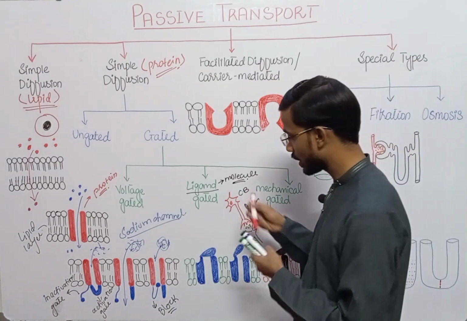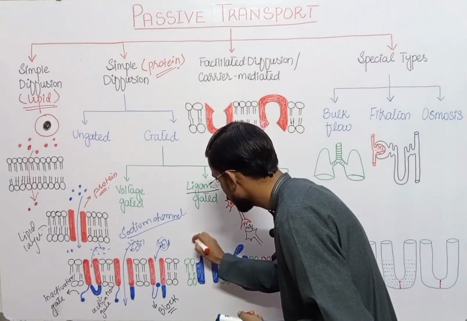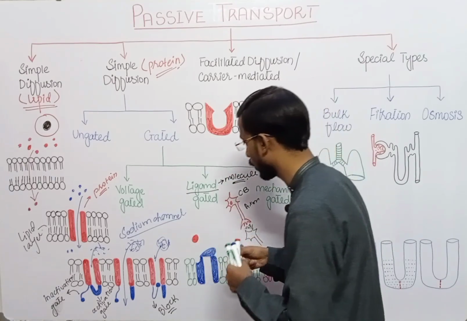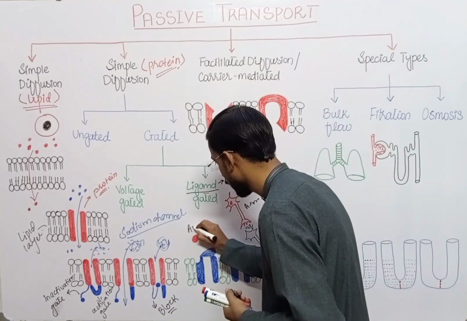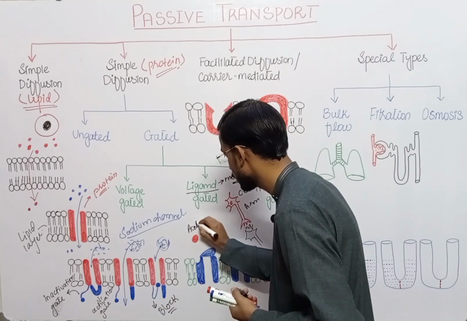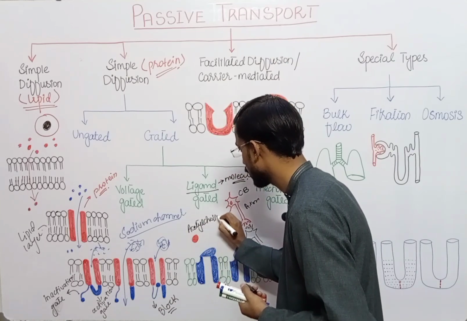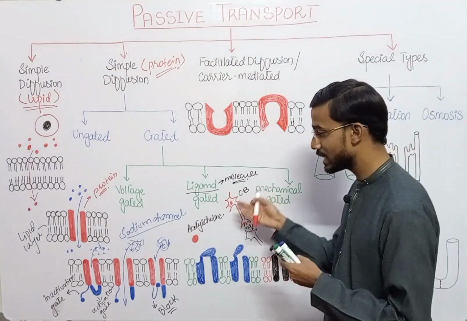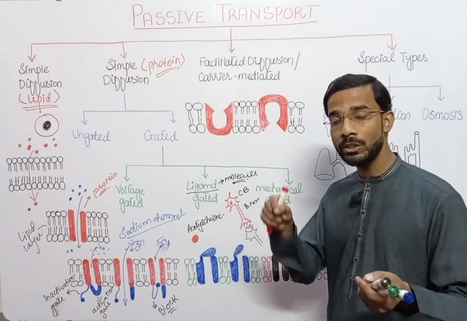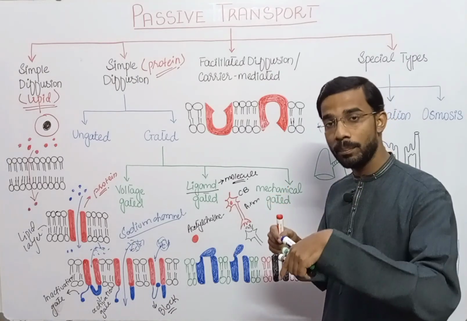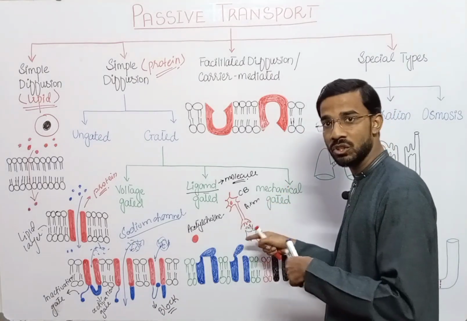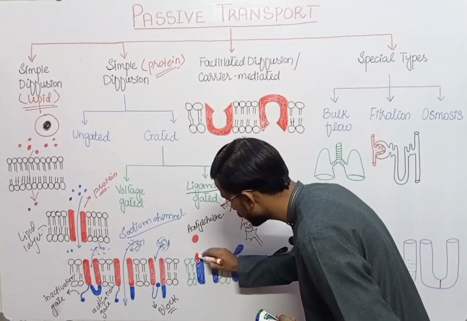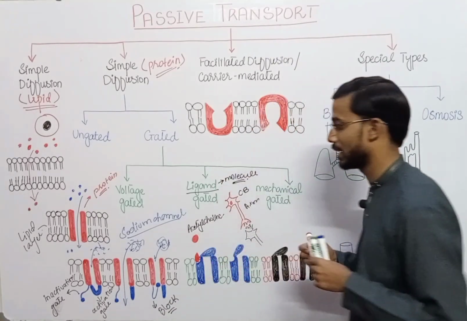Here let's suppose you can see there is a neurotransmitter, or you can say acetylcholine. When this acetylcholine binds to the postsynaptic membrane of the next neuron, it will bind this ligand-gated channel.